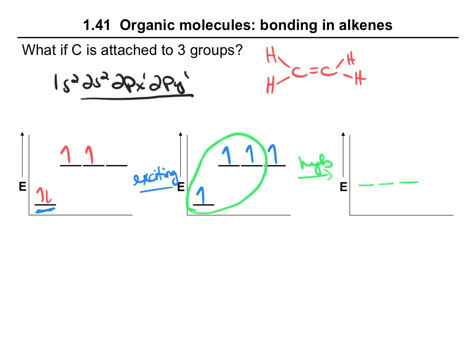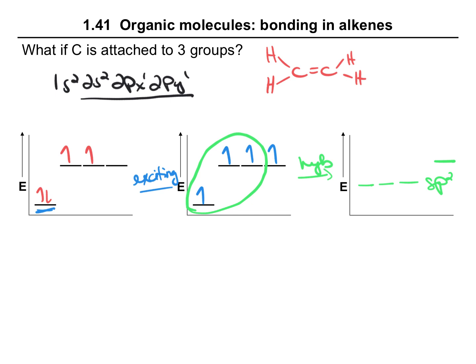These orbitals are called sp2 hybridized because they are made up of the hybridization, or the blending, of 2 p's and 1 s. In addition to these 3 hybridized orbitals, we also have a p orbital left unchanged. So that is still up here.